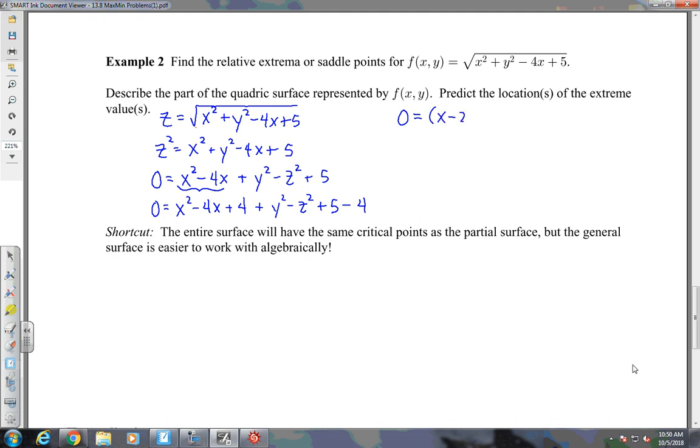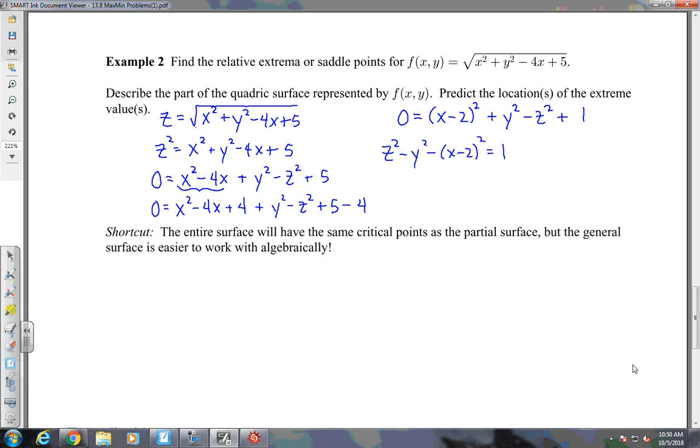We'd have x minus 2 quantity squared plus y squared minus z squared plus 1. Actually, we need the entire thing equal to 1 if we're determining which quadric surface it is. So let's move all of our squared terms to the left. We would end up with z squared minus y squared minus x minus 2 squared equals 1.